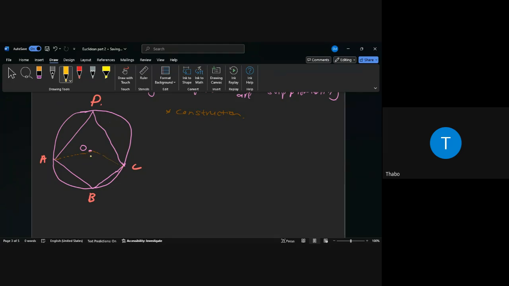Then on this side, I'm going to name the angles 1 and 2, so this is O1 and the other side is O2. Everyone, are we together? We're done. You get a mark for construction.